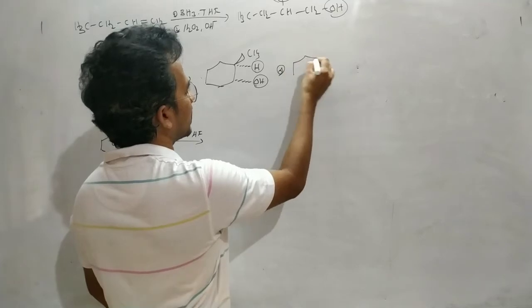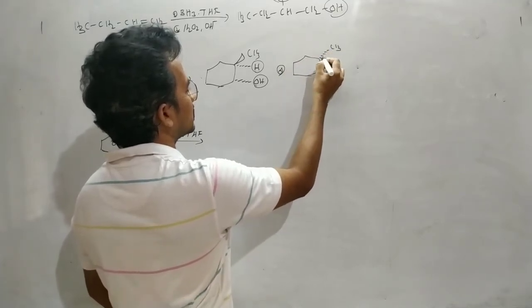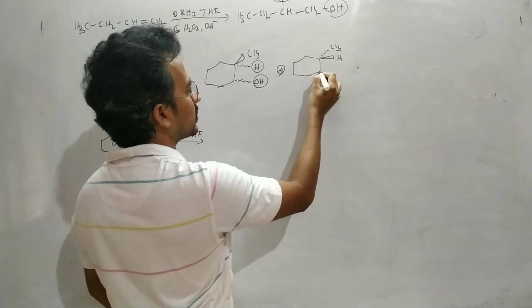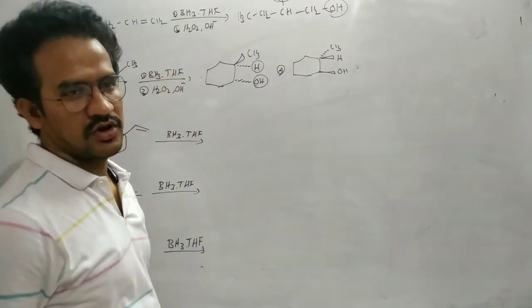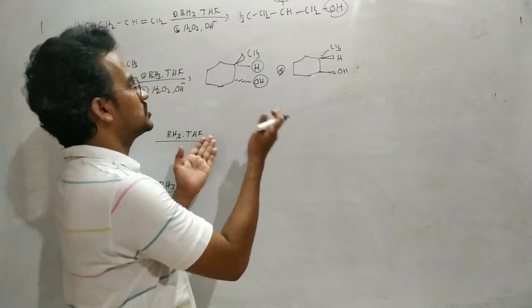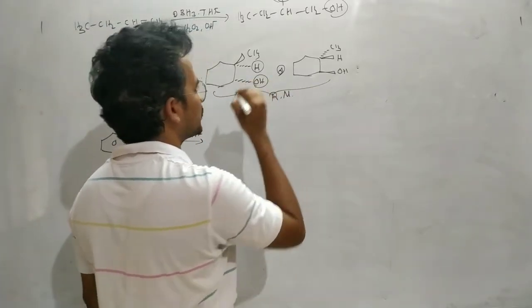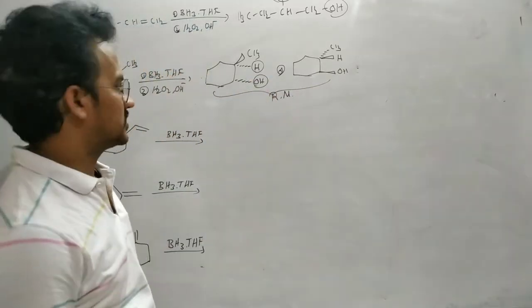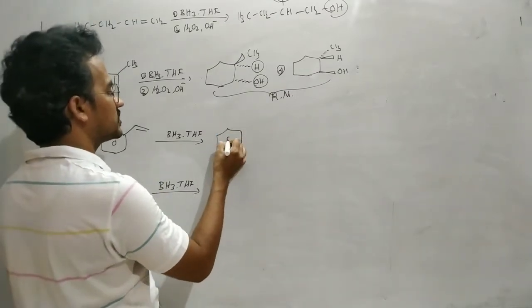Or we can write the structure with this methyl below the plane, then definitely hydrogen above the plane, and OH above the plane because it is a syn addition. Those two are possible. Of course, these two are mirror images of each other, so as a result a racemic mixture is formed.